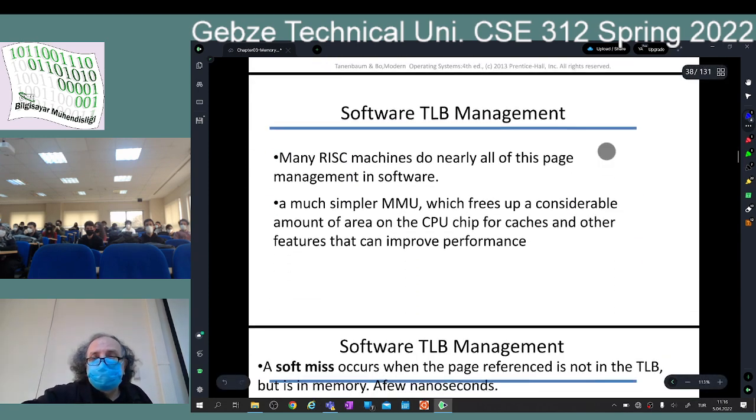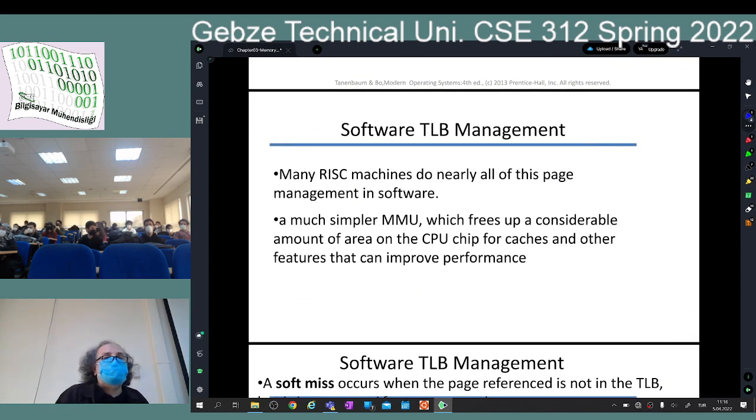So many RISC machines do nearly all of this page management in software. A much simpler MMU. The MMU is very simple. It just makes a lookup. And the rest of the TLB handling, like the misses, replacement of the lines of the TLB and so on, will all be done by the operating system.